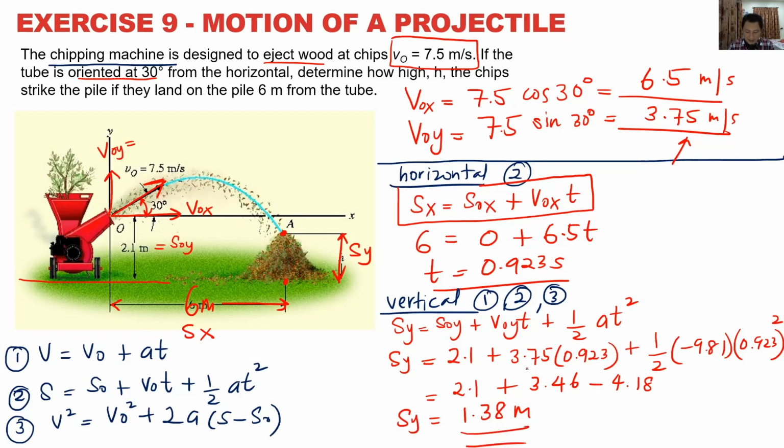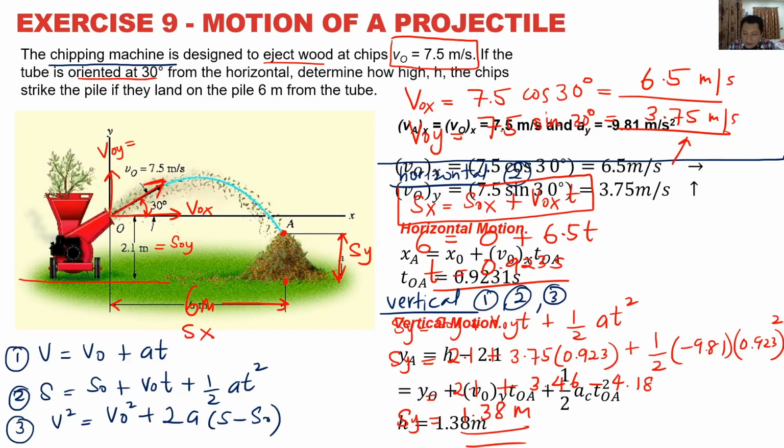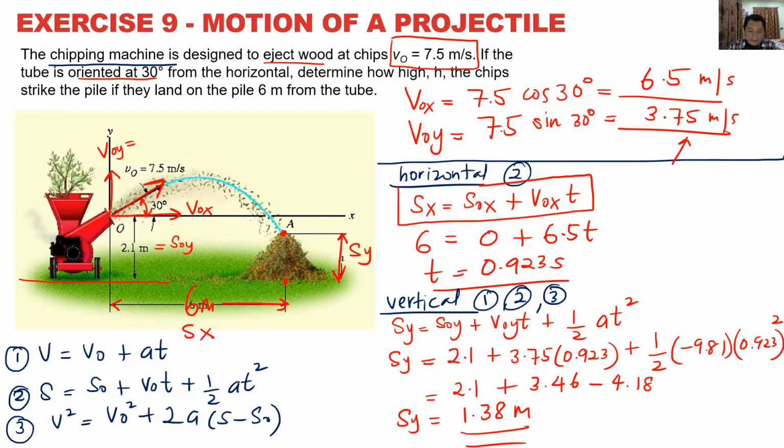Is it correct? Let's check it out. 1.38 meter. Yes, it's correct. Pretty easy, right? It seems like the most important equation that you have been using is equation number 2, for both cases, because it has all these things.